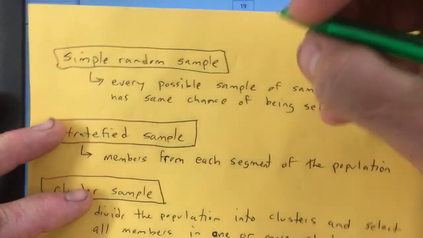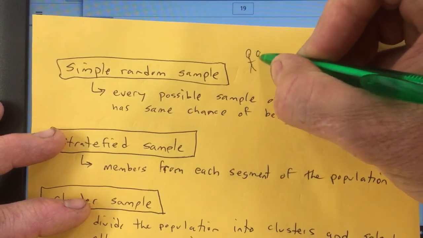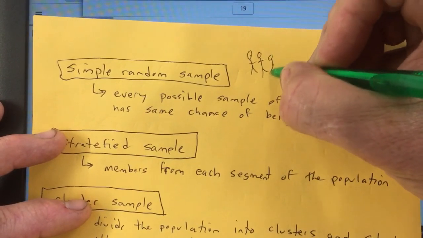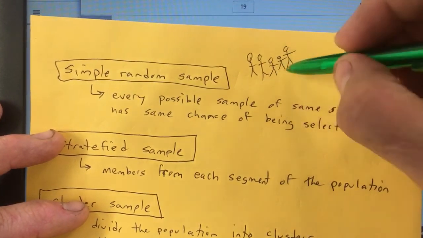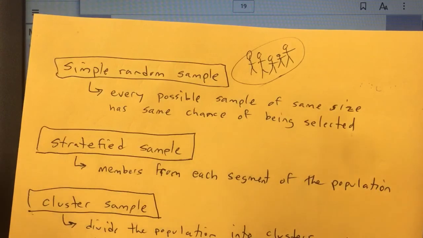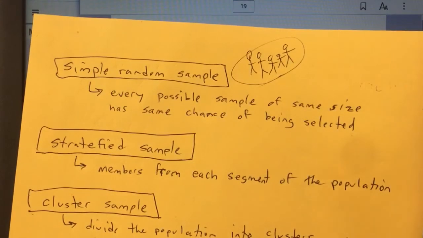If I select these 5 people, they have the same chance of being selected as 5 other people, or 5 other people that may involve 2 of those people. But every 5-people group has the same chance of being selected as any other 5-people group. That's a simple random sample.